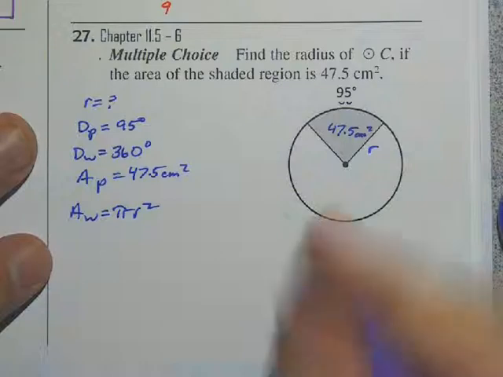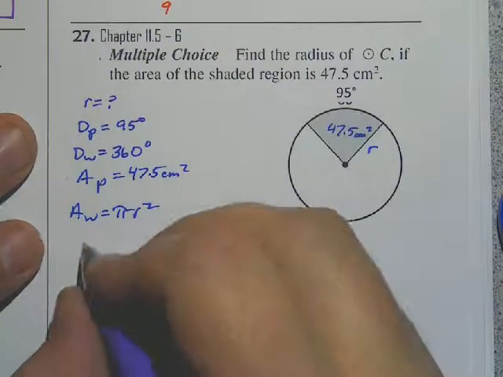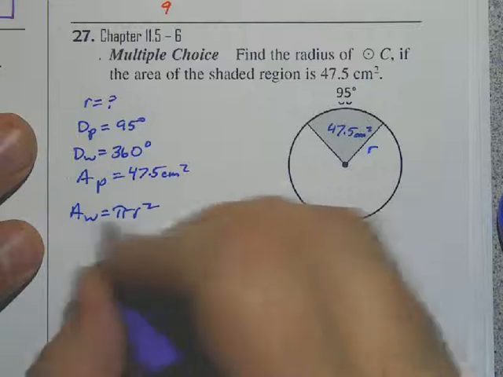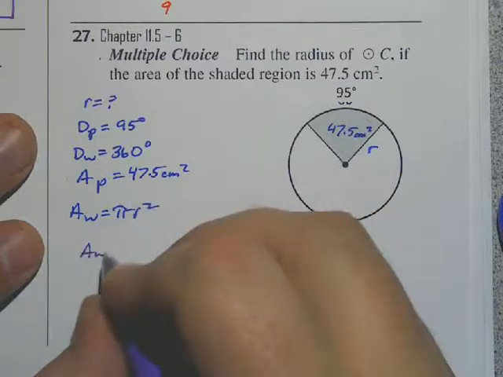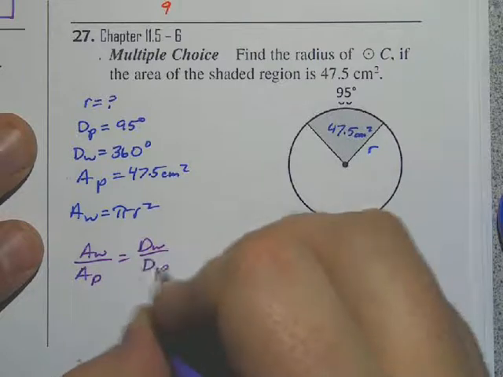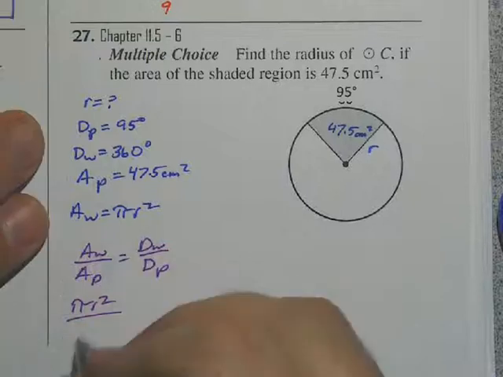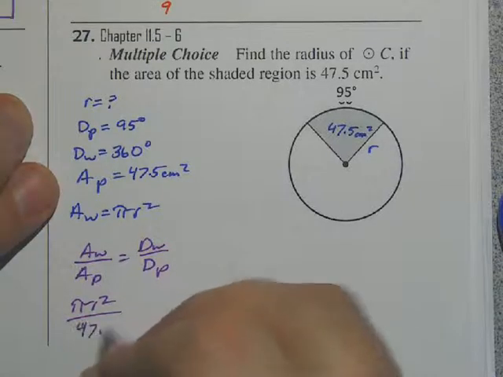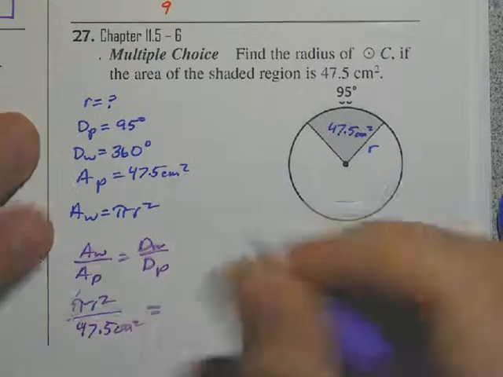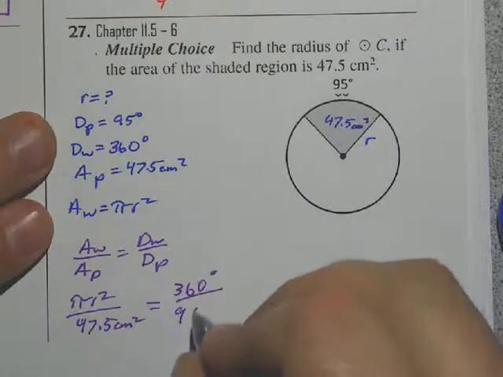So I'm going to go ahead and put this as a proportion here. I'm going to put AW first, because that has the r. AW over AP equals DW over DP. So AW is pi r squared over AP is 47.5 centimeters squared equals DW, which is 360 over 95 degrees.